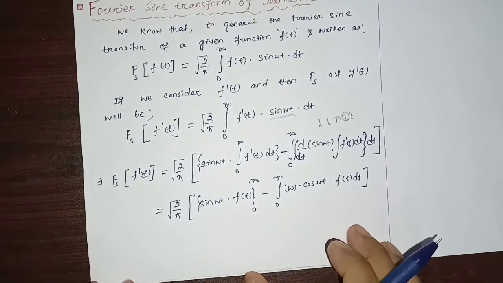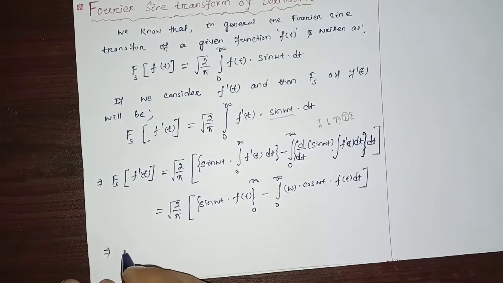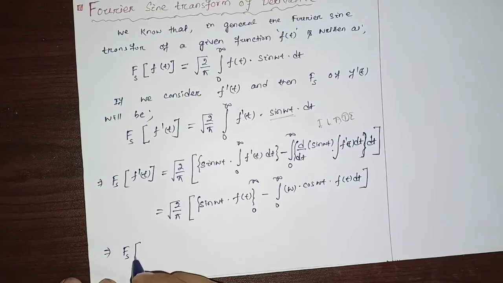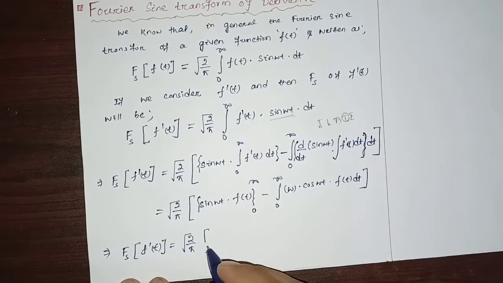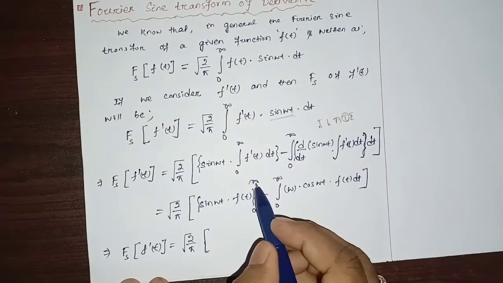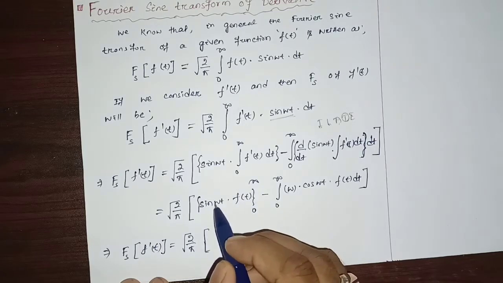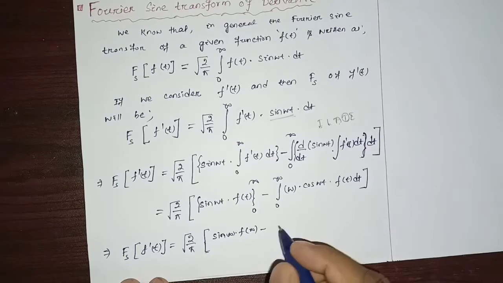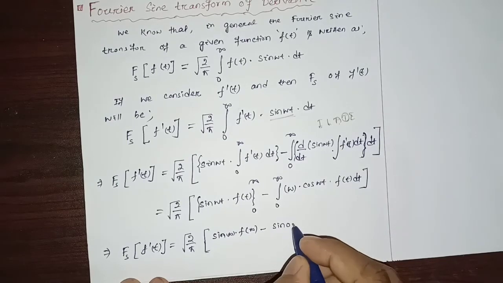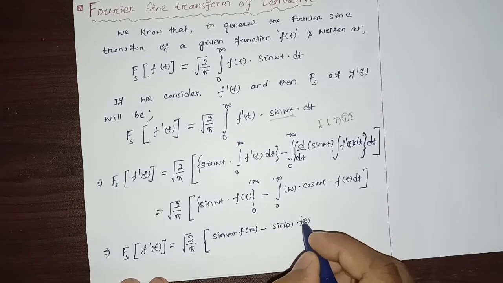Okay, now that implies the Fourier sine transform of the first derivative of a function f(t) will be equal to what we are going to write. See, root over 2 by pi is there. Here you can see we have to put the limit infinity. So here sin(infinity) into f(infinity) minus sin 0 into f(0).